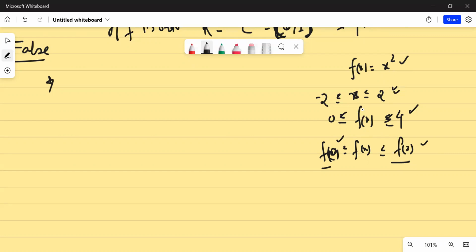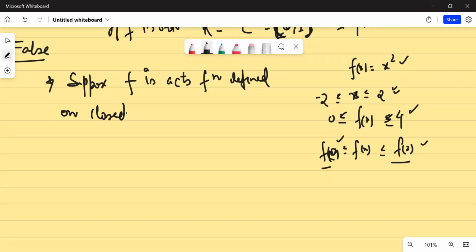Yes. So it means that I'll write it in this fashion, that suppose f is a continuous function defined on a closed and bounded interval [a, b]. This is what we were doing.